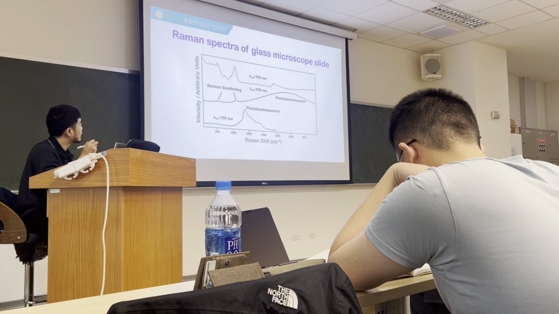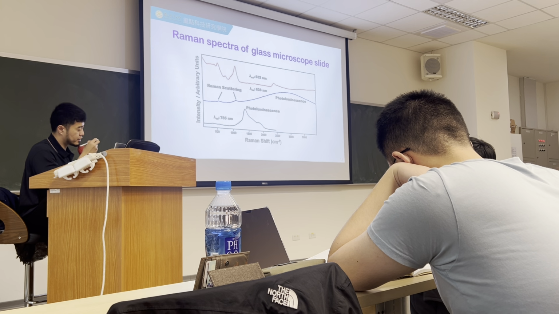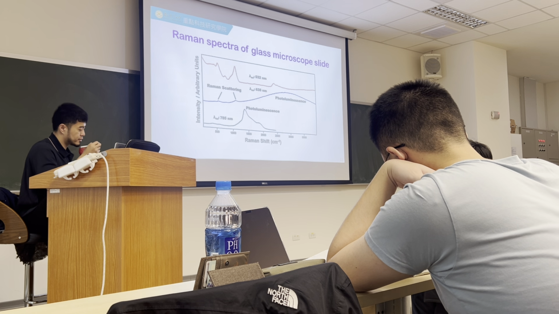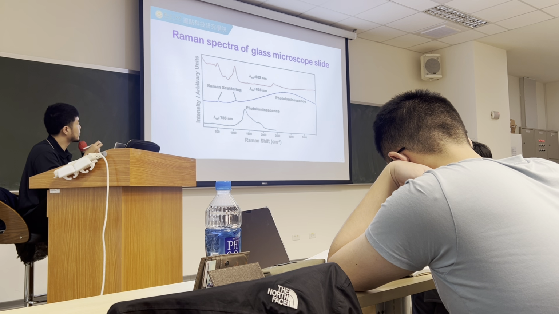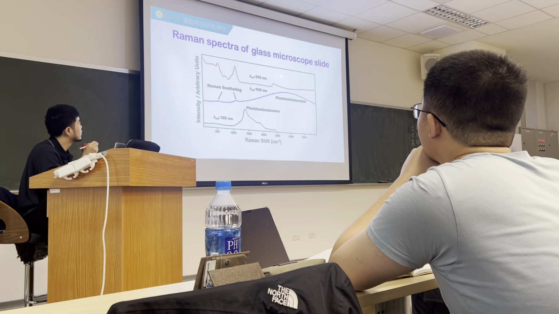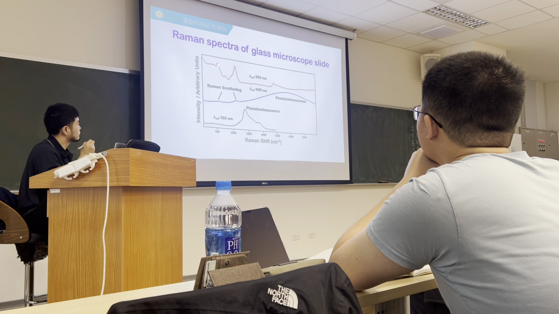And if you look at the Raman spectroscopy over here, they are using glass microscope slides. So that's a glass slide. Glass slides are commonly used in Raman spectroscopy, but those glass slides actually have serious fluorescence. For example, when you use the 500 nanometer laser, you can clearly see the Raman peaks.